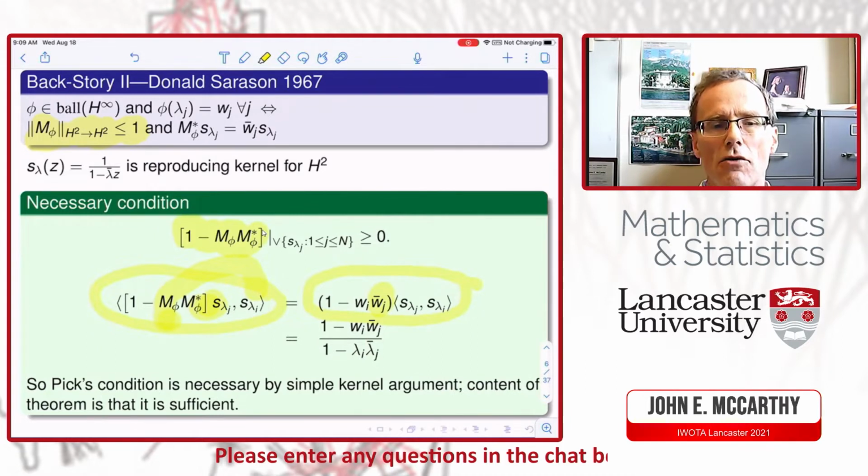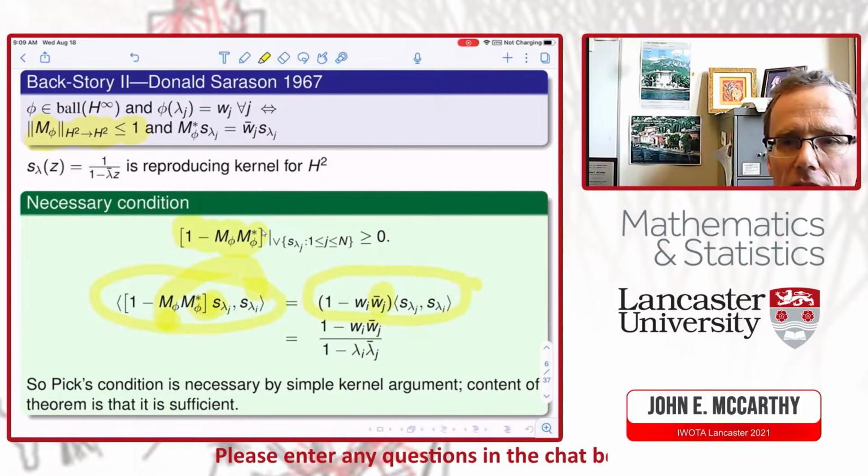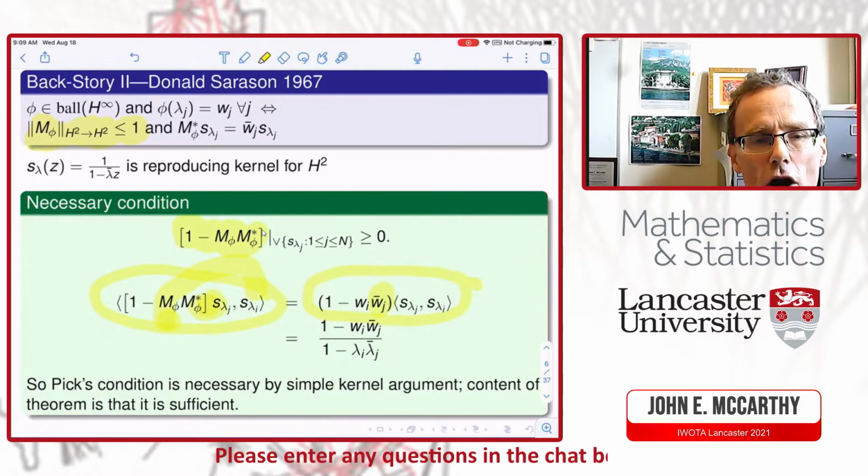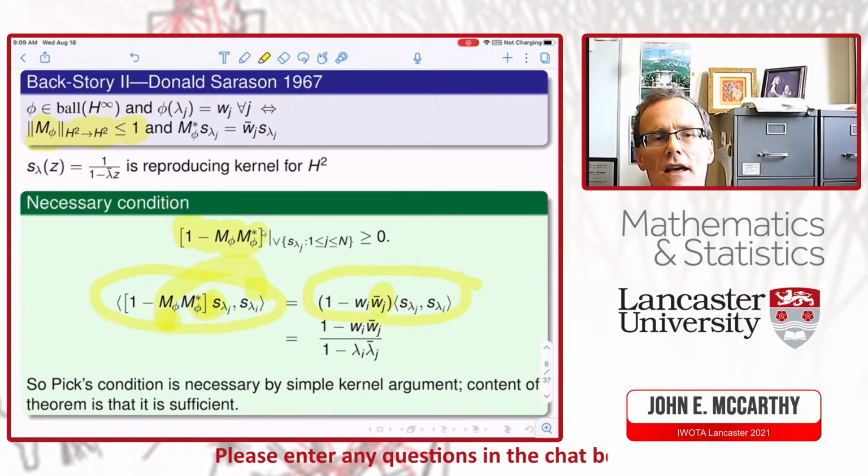The content of the theorem now is proving that this necessary condition is also sufficient, namely that if you just know the values on lambda 1 through lambda n, and you know that on the n-dimensional space spanned by the Szegő kernels you have an operator that looks like the adjoint of multiplication by phi, which is a contraction on that n-dimensional space, you can extend it to all of H2 and keep it as a contraction.